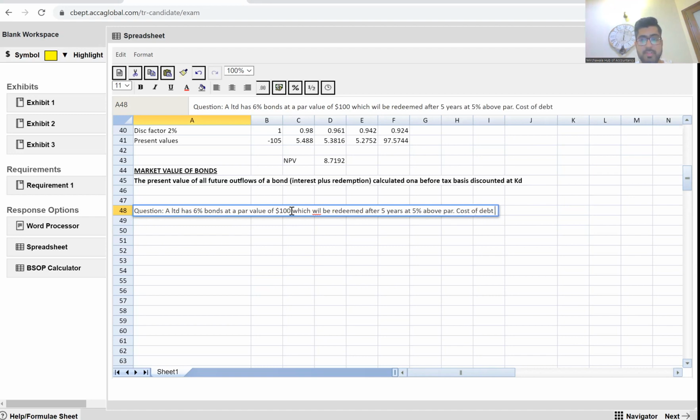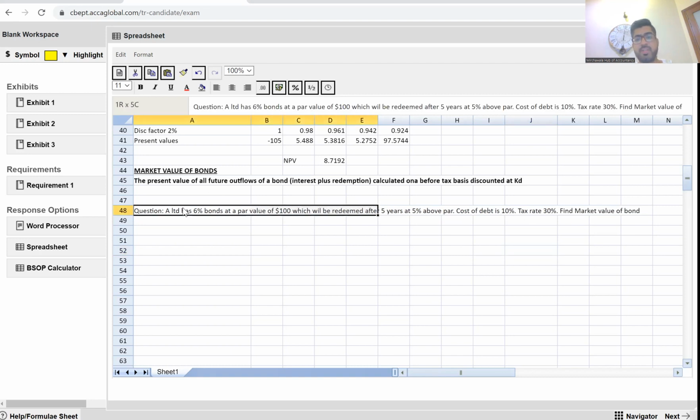Cost of debt is 10%. Tax rate 30%. Find market value of bond.